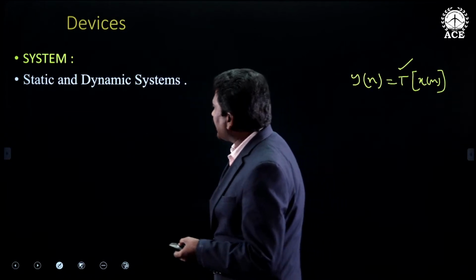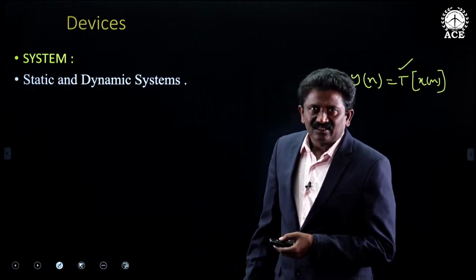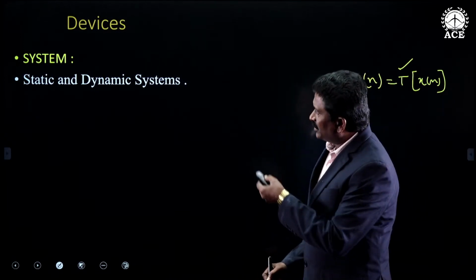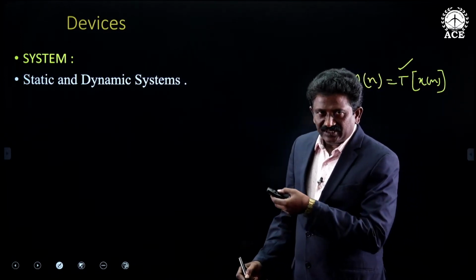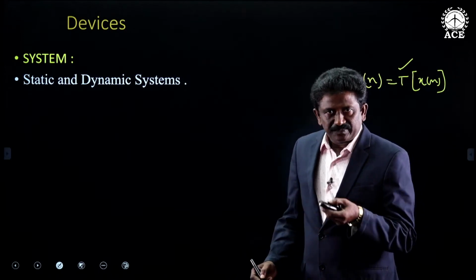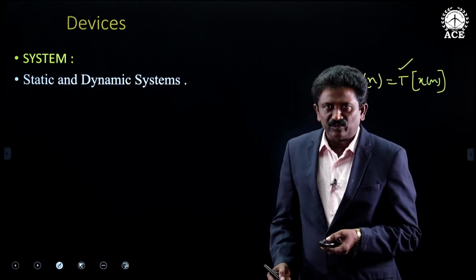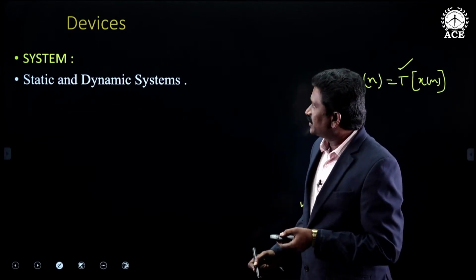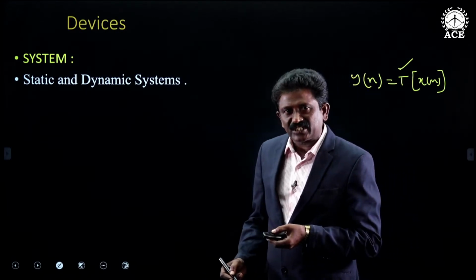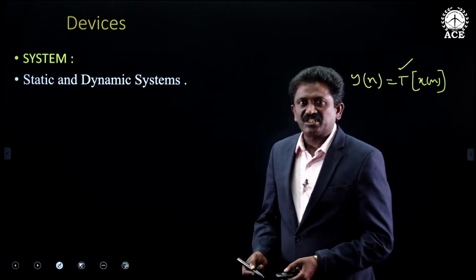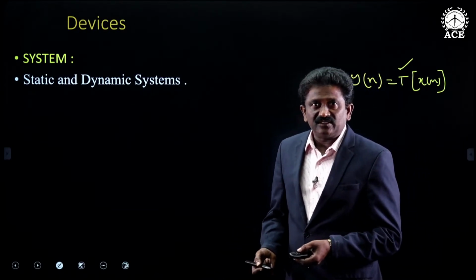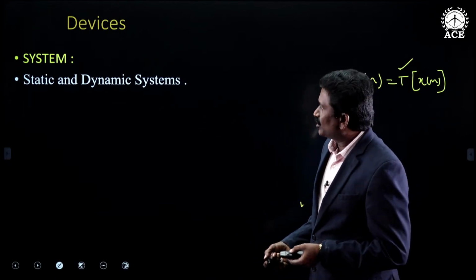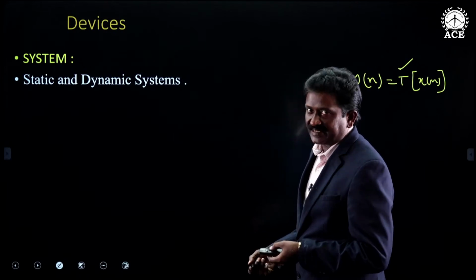First one, static and dynamic systems. These are the 2 types of systems. Static means not having any memory. That means it will identify only present situations. Dynamic means with the help of a dynamic system we are able to catch past, present and future input samples also. So this is the role of static and dynamic systems.